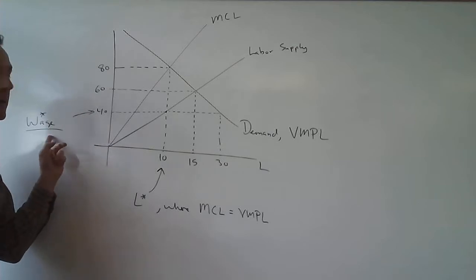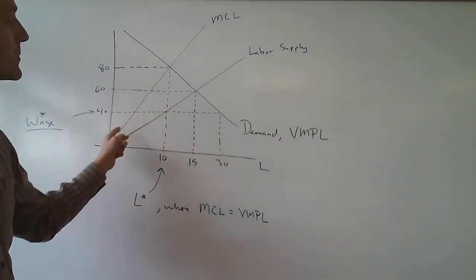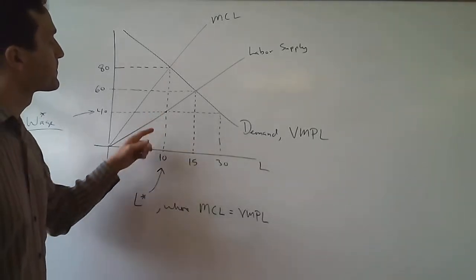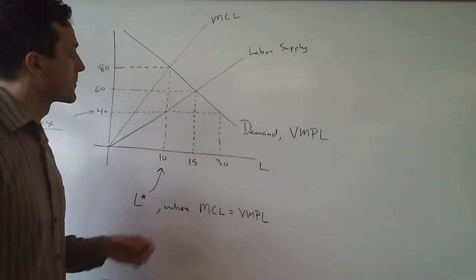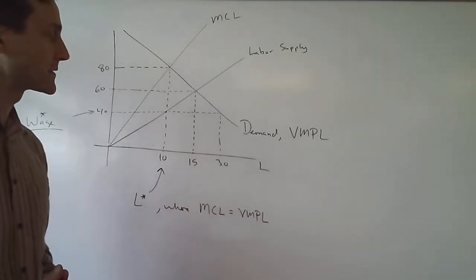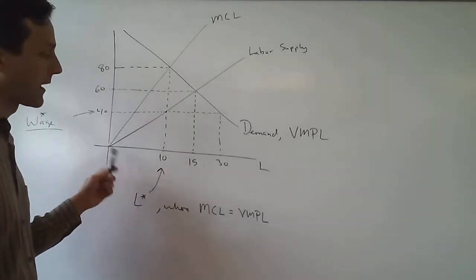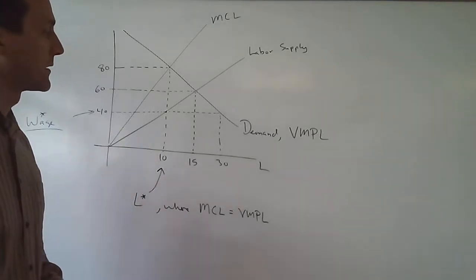If the wage is 40, then 10 workers would be willing to supply their labor, and that would maximize profits for this firm. So this firm would hire 10 workers, and the wage would be 40 in this monopsony.